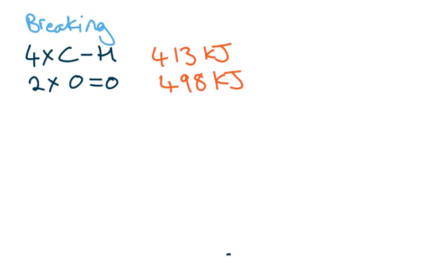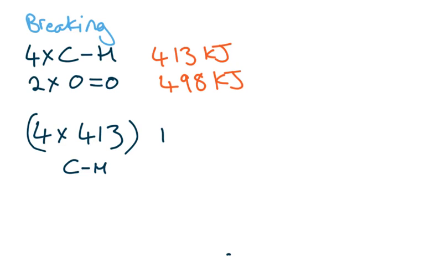Therefore, I can insert the values for kilojoules in the place of the bond that I've written. So when I'm looking at the breaking, I'm going to be writing 4 times 413. That's my carbon-hydrogen bonds. And I need to add that together with 2 times 498.